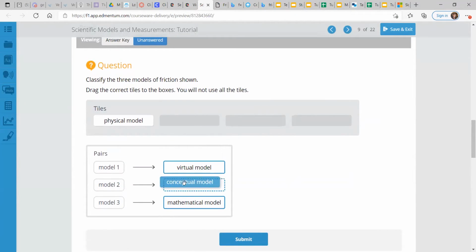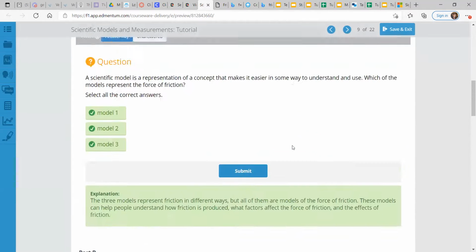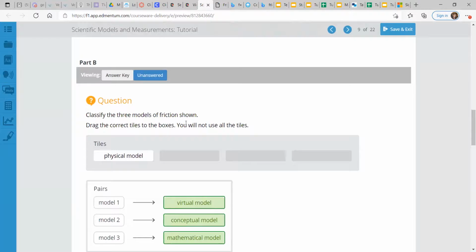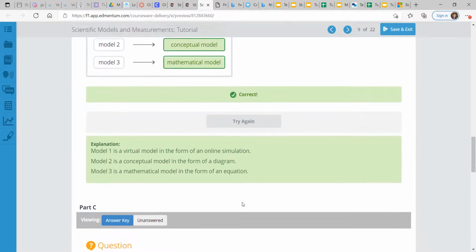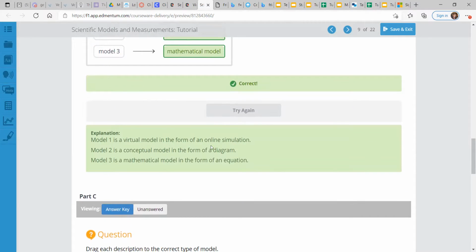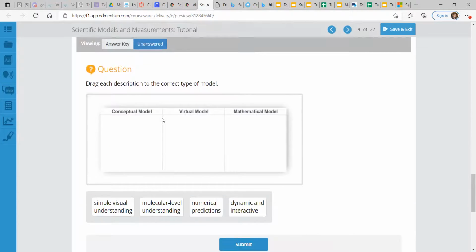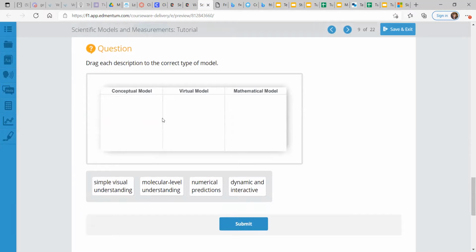And then we have a conceptual model, and it labels the forces and tries to explain the phenomenon visually, conceptually. So we have an online simulation, a form of a diagram, and a form of an equation. Okay, so we're going to describe the correct type of model with the appropriate words.